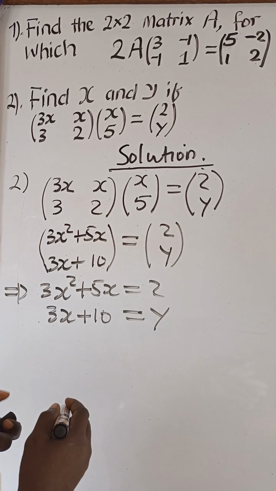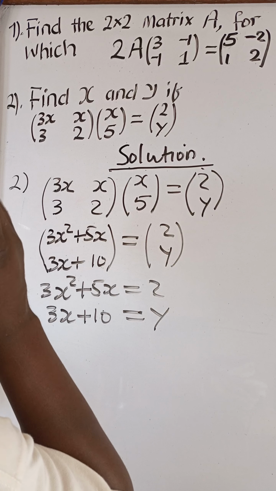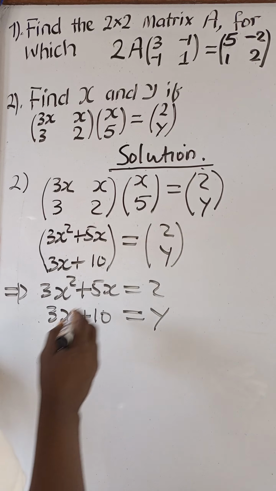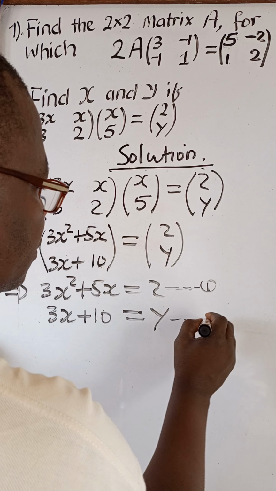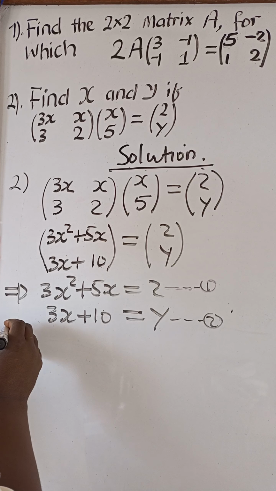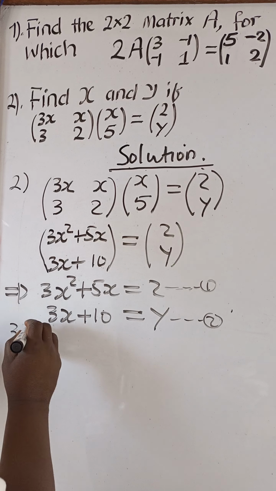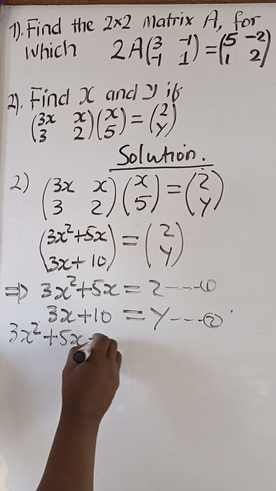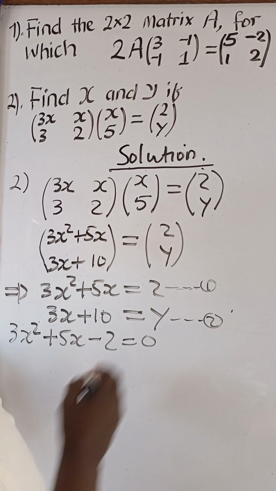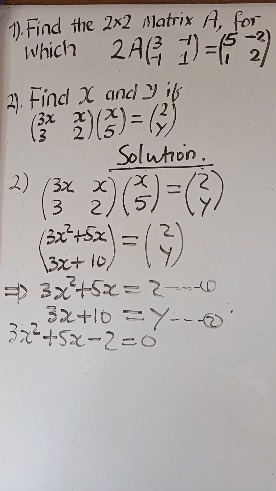This one is quadratic and this one is clearly linear. So let's start with the quadratic, which we call equation 1, and equation 2. With the quadratic, we have 3x squared plus 5x, when we take this 2 this way, minus 2 equals 0. We have this quadratic to solve for x.